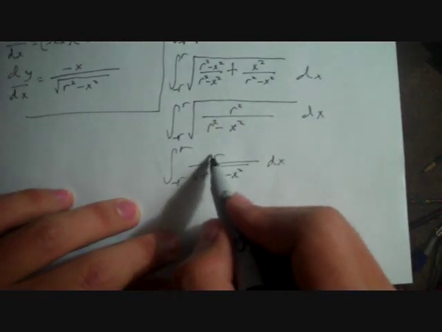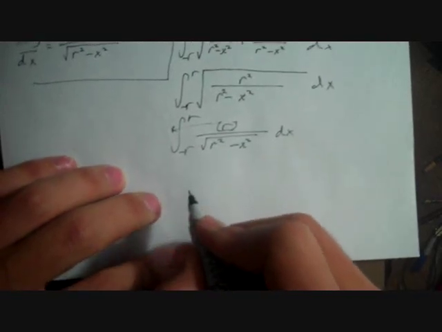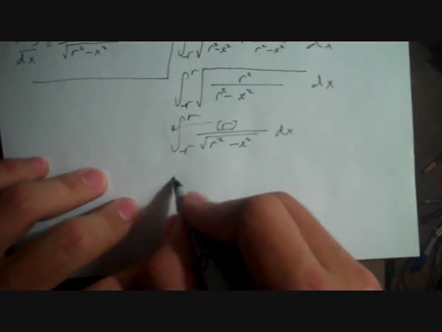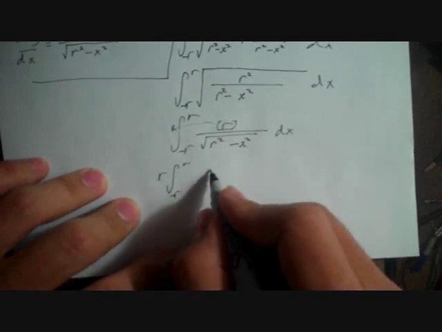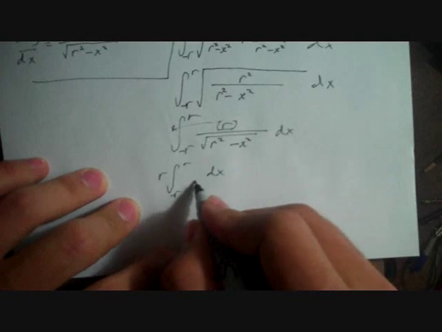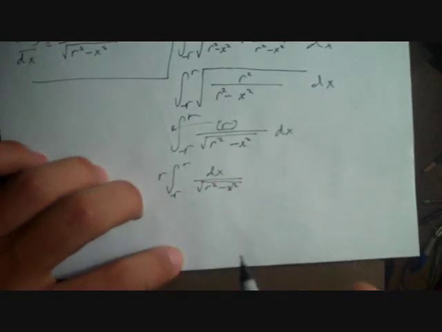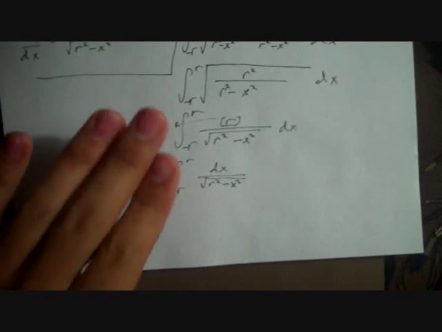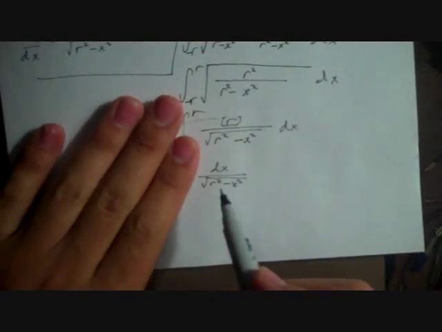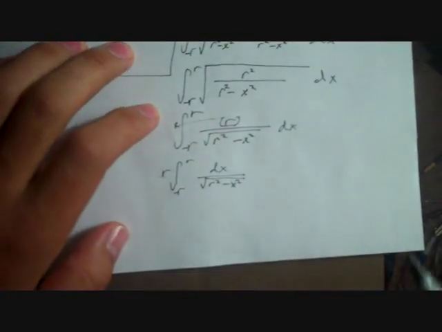And let's take our radius r, well, that's just a constant, so let's take it out of our integrand and make it r times the integral from negative r to r of dx over the square root of r squared minus x squared. Wait a minute, we know exactly that, because this is the derivative of arcsine. So the integral of this must be arcsine.